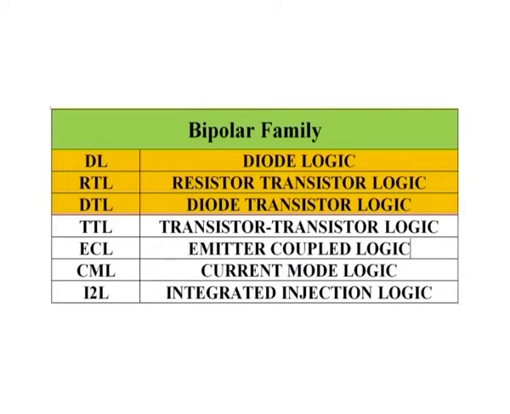The RTL family used resistors and bipolar transistors, while the DTL family used resistors, diodes and bipolar transistors. Both RTL and DTL suffered from large propagation delay owing to the need for the transistor base charge to leak out if the transistor were to switch from conducting to non-conducting state.